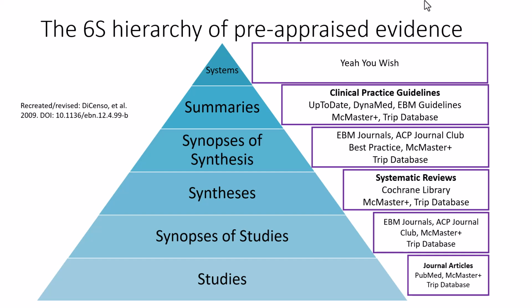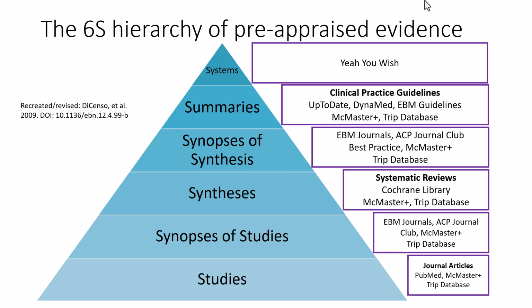So that is the nearest thing that we've got. We don't have a system to answer our clinical questions based on the best available current evidence yet, and we haven't had it since this pyramid was introduced more than a quarter of a century ago. So the next level, which is the best existing level, are the summaries.